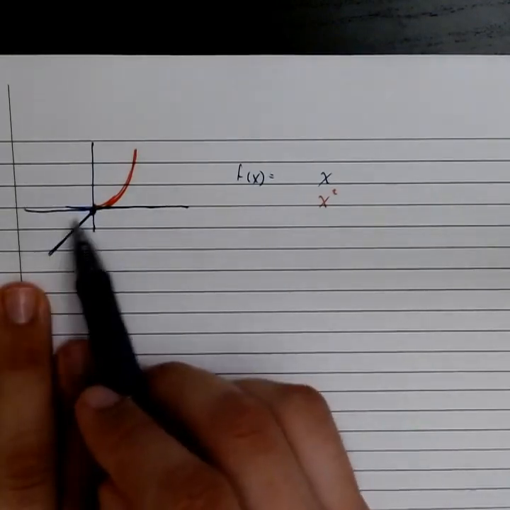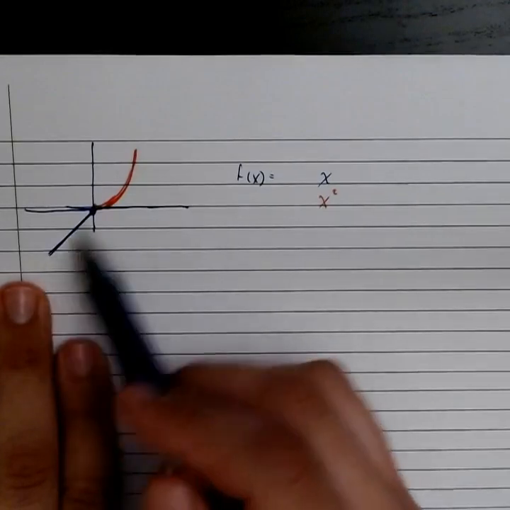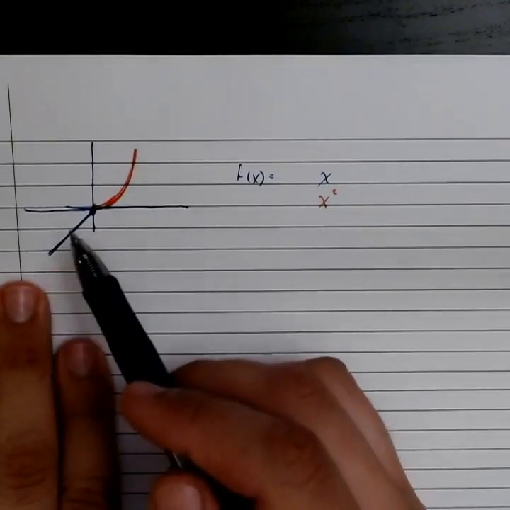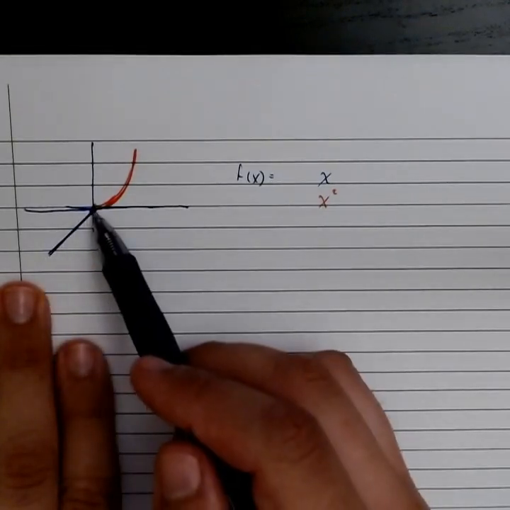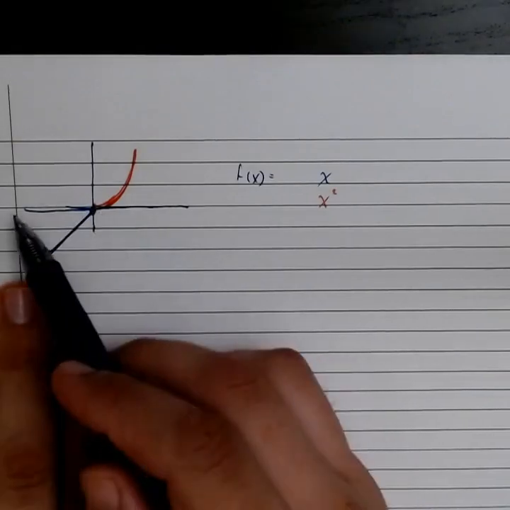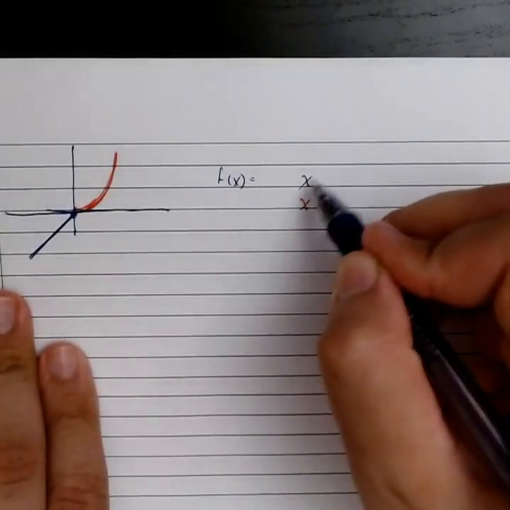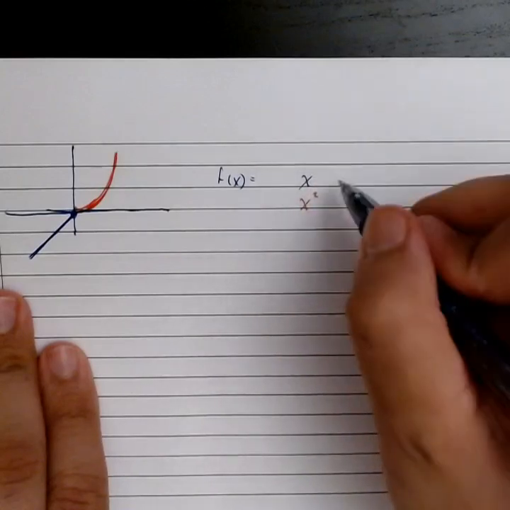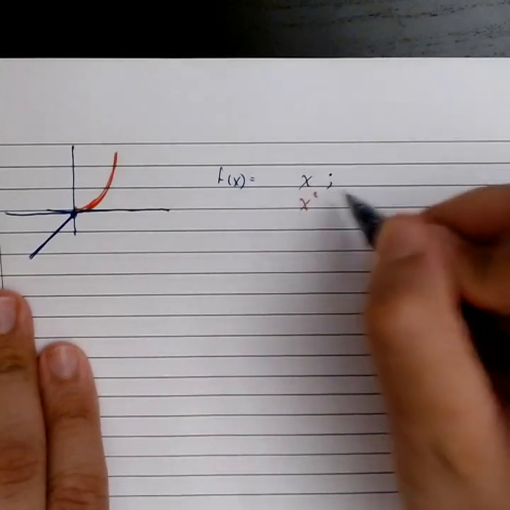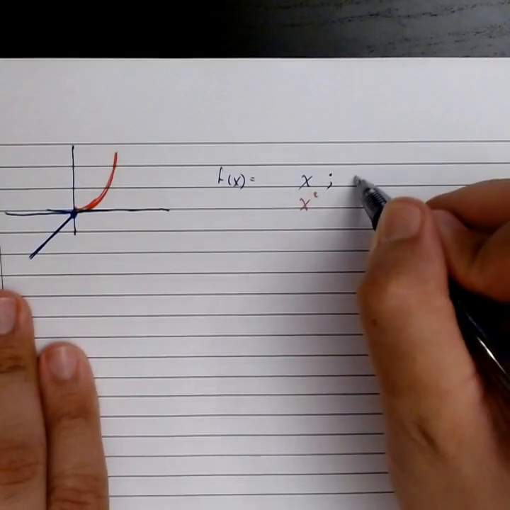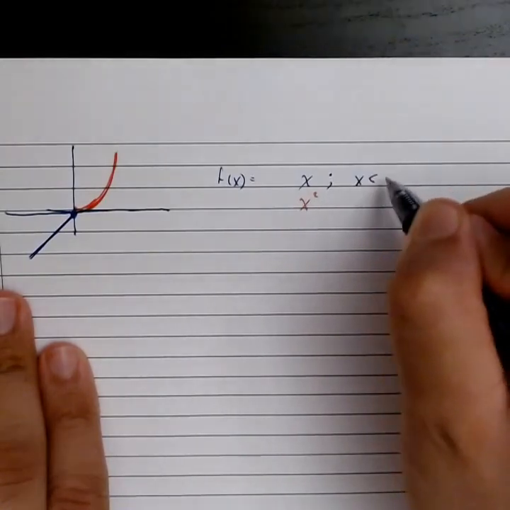Right? So here, I know I want my graph to behave this way, but I only want it to behave this way when the x value is less than 0. So that's what I'm going to do. I'm going to say, okay, I want my function to behave like y equals x, but I only want that to happen whenever x is less than 0.